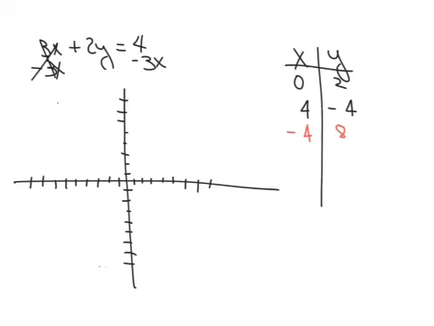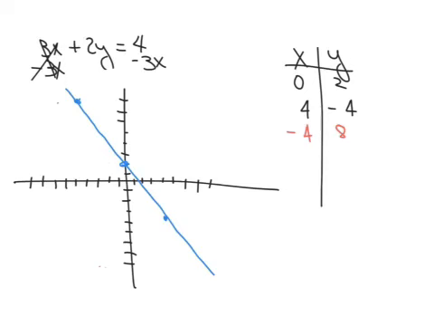Alright, so I'm going to graph (0, 2), (4, negative 4), and (negative 4, 8). I draw my line, and you have to get a straight line. So you put 3 points in there and you connect the dots, you better get a straight line or you did something wrong. So that's pretty much it as far as that.